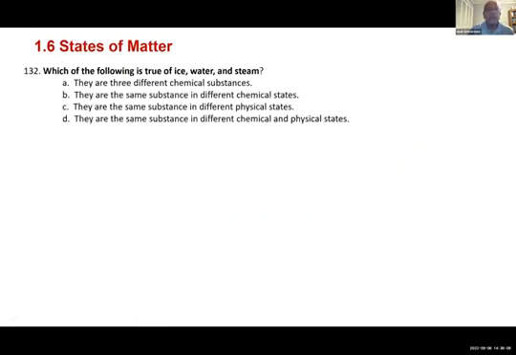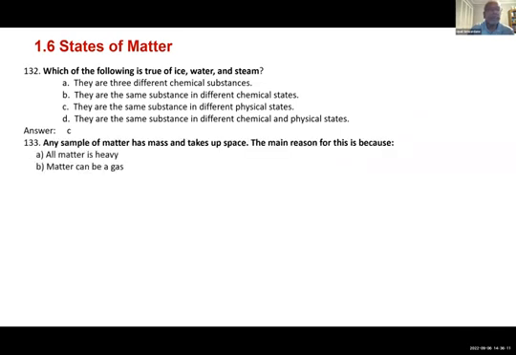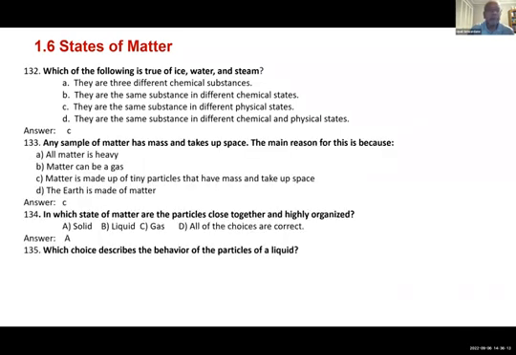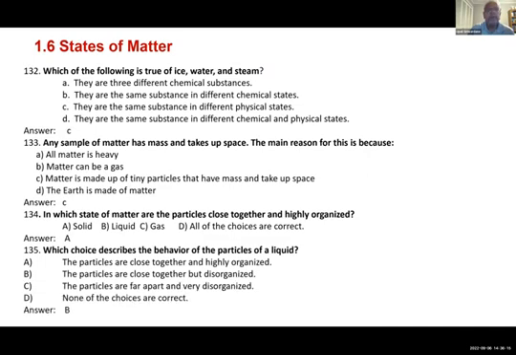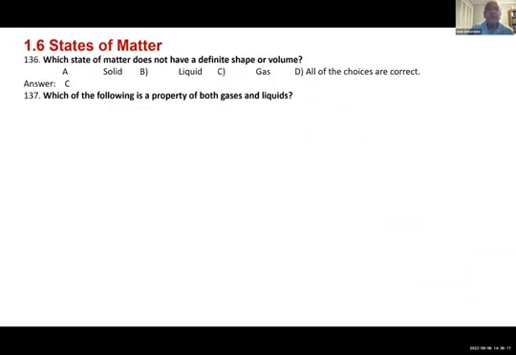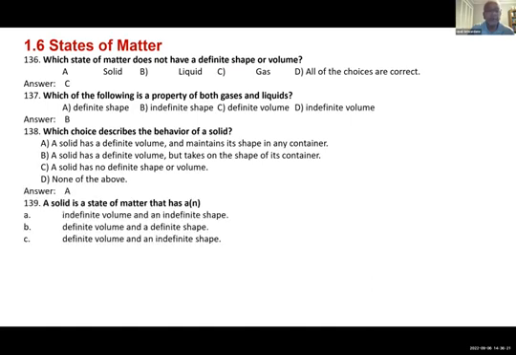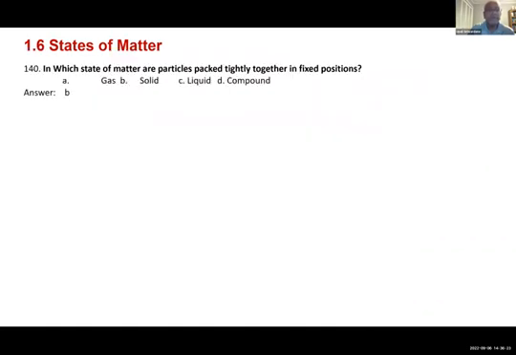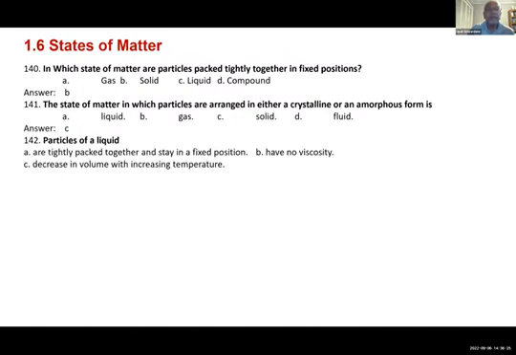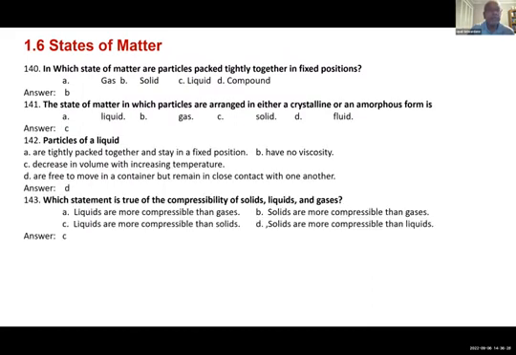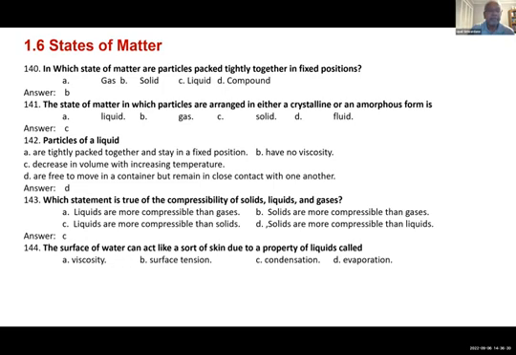So you go through these. I'm not going to go through them because they are kind of easy ones. You have to go through the behavior of solids, states of matter, solids, gases, liquids, particles, how close they are.